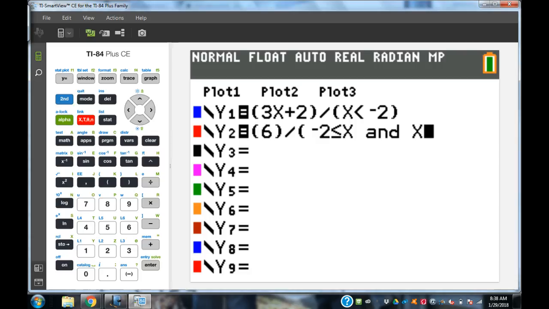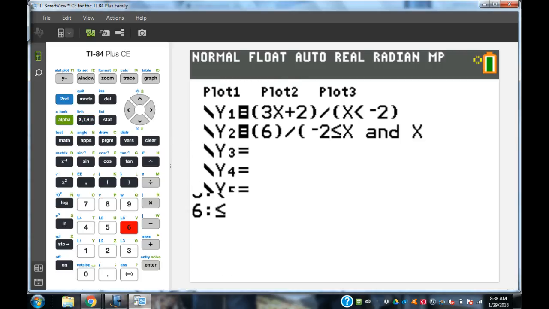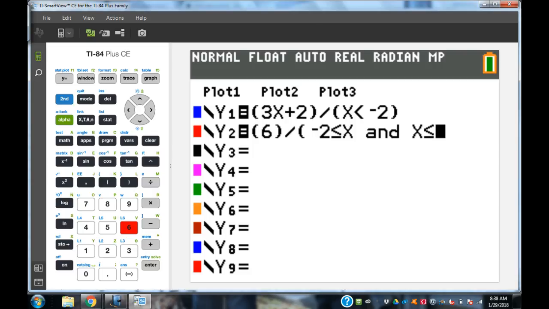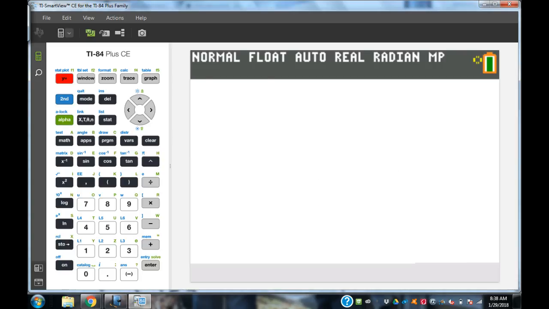I'm gonna try this. May not work. Like I said, I don't do these on the calculator ever, just because it's just as easy to do by hand. We'll try that. I don't know if the logic will work or not. Hey, it did. All right. Yeah, that's how we're gonna do it.